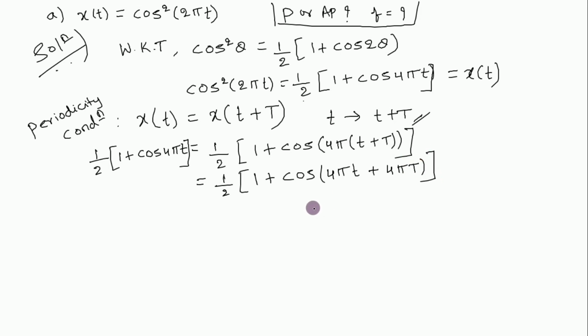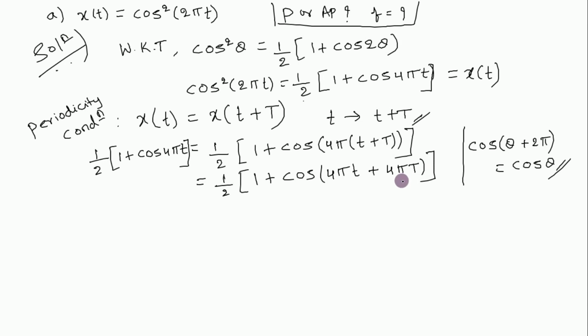We know that whenever we have something like cos theta plus 2 pi, it results in cos theta itself. This is a property of cosine and sine signals: sine and cosine are periodic with period 2 pi. We want to extract the same thing from this.